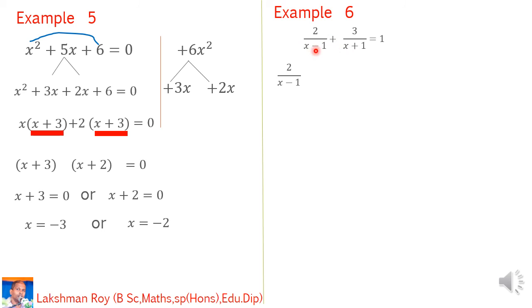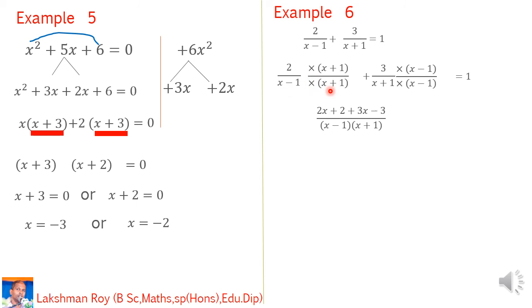To make equal denominators, 2 over x minus 1 should be multiplied by x plus 1, both numerator and denominator. The second one, 3 over x plus 1, should be multiplied by x minus 1. Now the denominator is x minus 1 into x plus 1. I write it in one step.